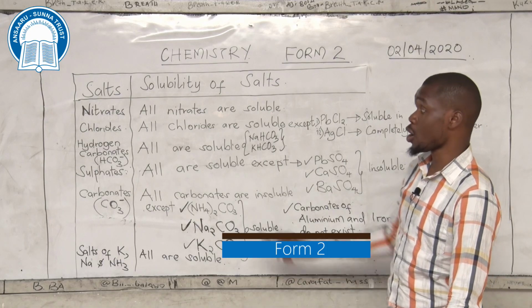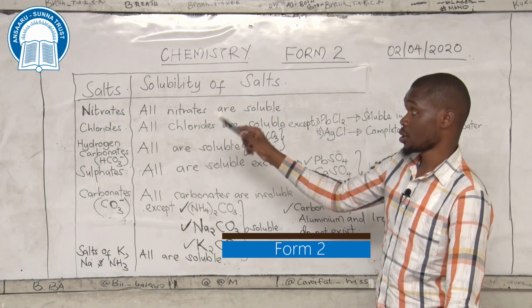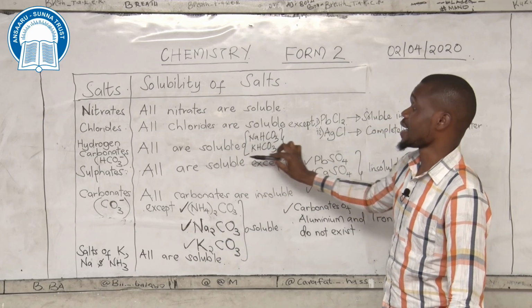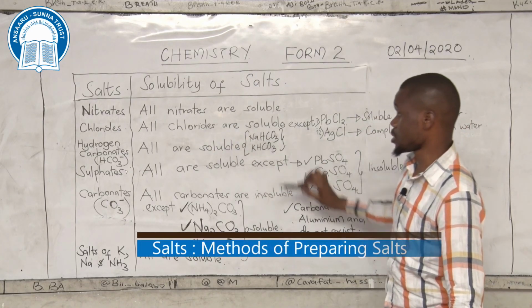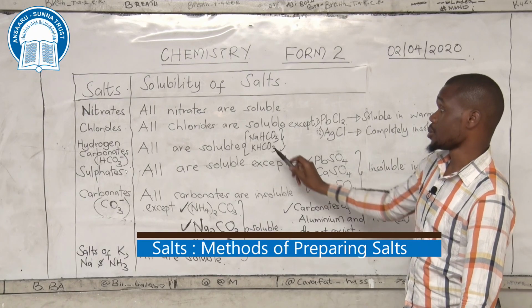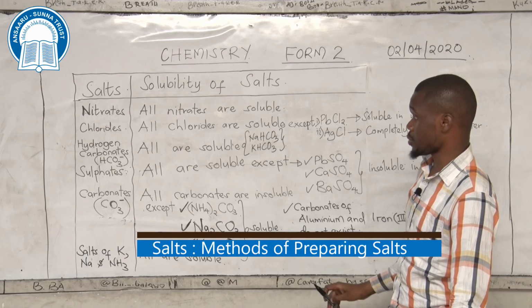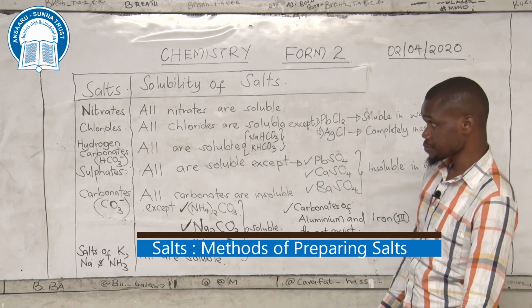And so we are saying all hydrogen carbonates are soluble, very soluble in water. So the two we're talking about, sodium hydrogen carbonate and potassium hydrogen carbonate, are both soluble in water.